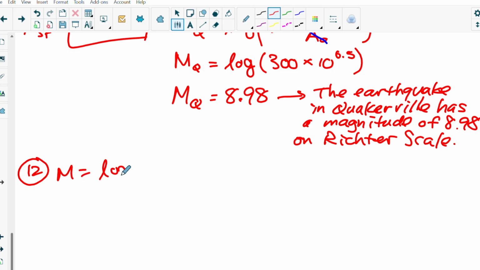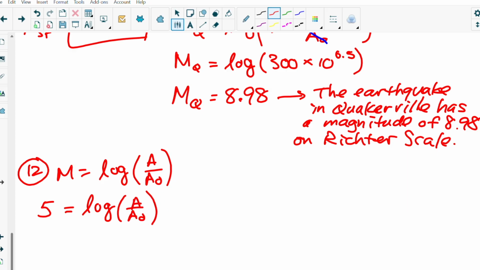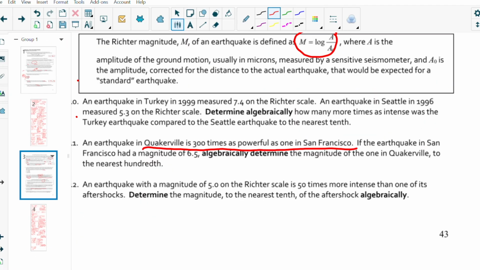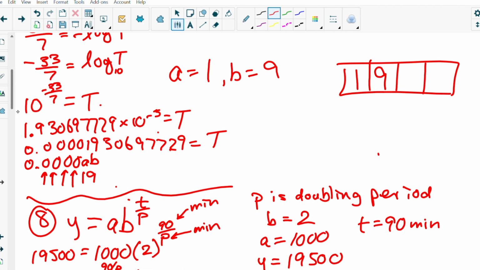M equals, so here's our equation for earthquake magnitudes. So the original earthquake is magnitude 5 on the Richter scale. Okay, convert to an exponential form.